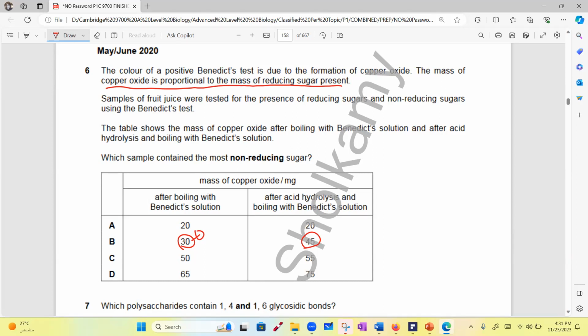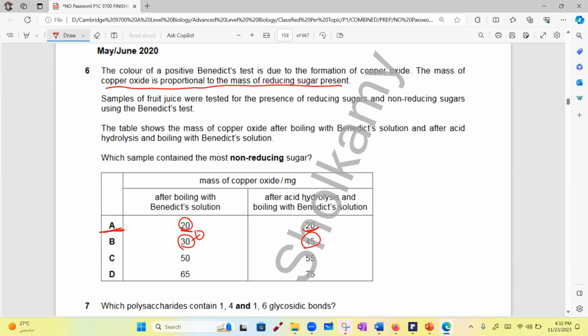Give me an answer. Look at A. When I did the Benedict's test, 20 milligrams of copper oxide appeared. And then when I did the test for the non-reducing sugar, the same mass appeared. So does A contain non-reducing sugar? No, A does not contain any non-reducing sugar.